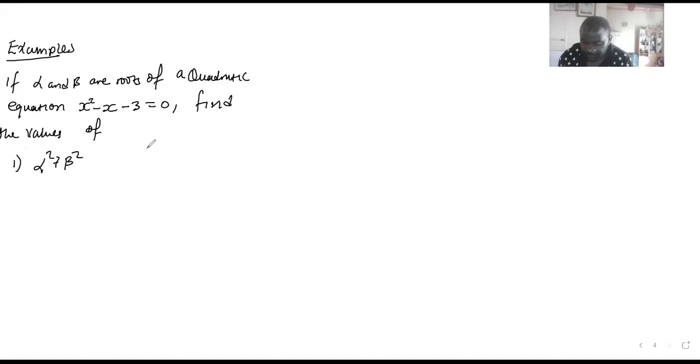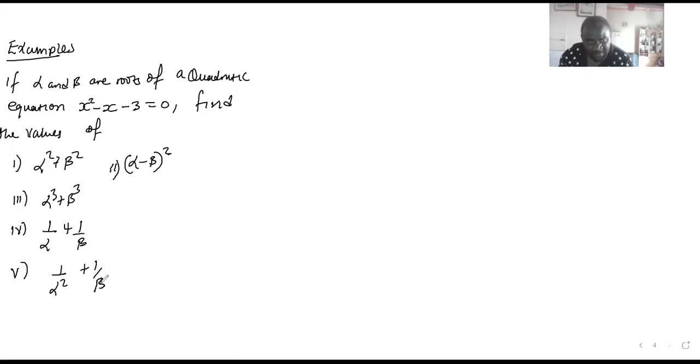Roman 2, alpha minus beta squared. Roman 3, alpha cubed plus beta cubed. Roman 4, 1 all over alpha plus 1 all over beta. Roman 5, 1 all over alpha squared plus 1 all over beta squared.